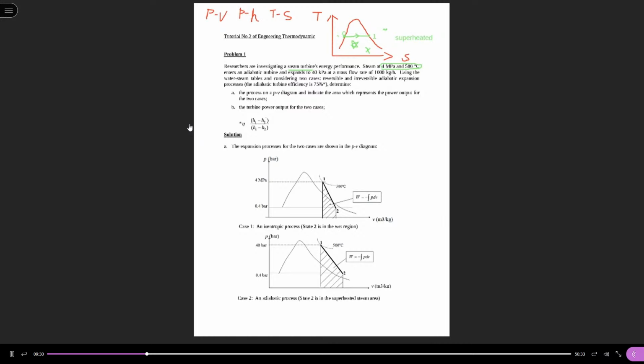Please use the table I think I have shared with you. Let me check again.